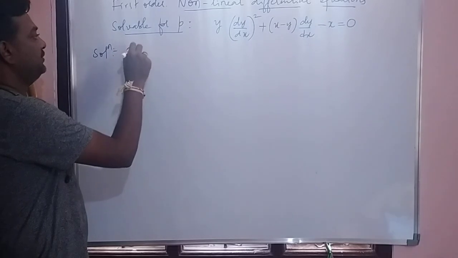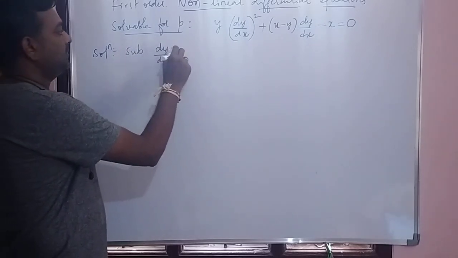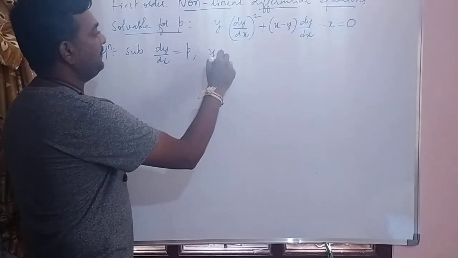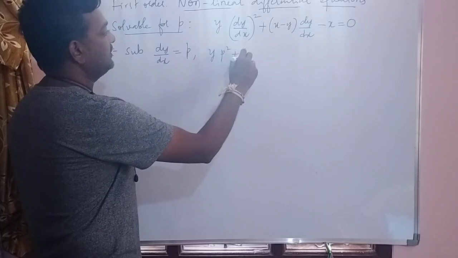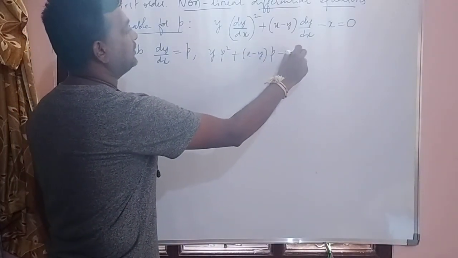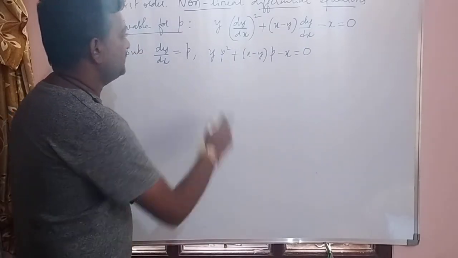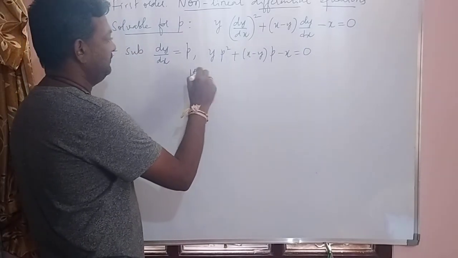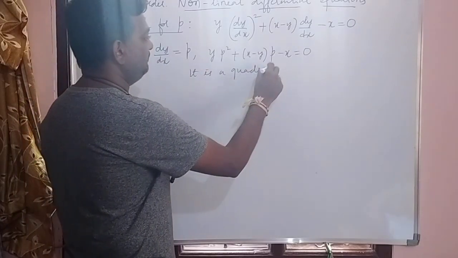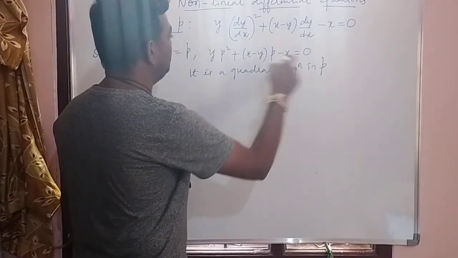First you can substitute dy by dx is equal to p, small p. So then it will become yp square plus (x minus y) into p minus x equal to 0. Okay, students. So it is a quadratic equation in p.